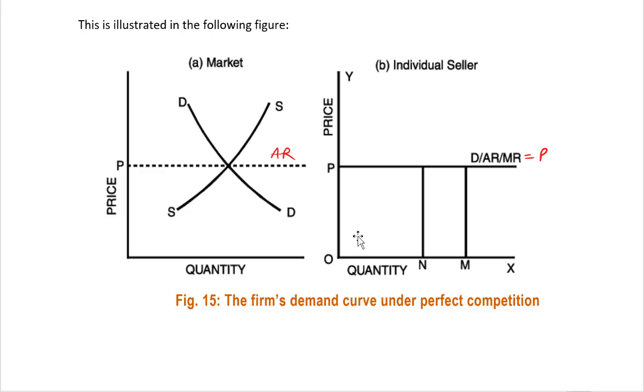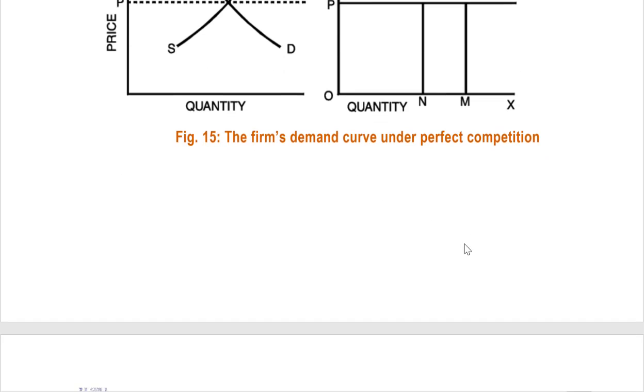So this is the supply curve, this is the demand curve, with price and quantity on the axes. For an individual seller, this is the price and quantity. Let us continue.